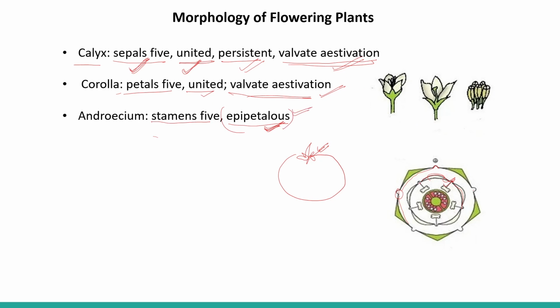If you see the stamen position, at the place where the corolla is united, the androecium is attached to it, meaning they are attached to the corolla. That is why it is called epipetalous. They are attached to the petals. And stamens are 5 in number.